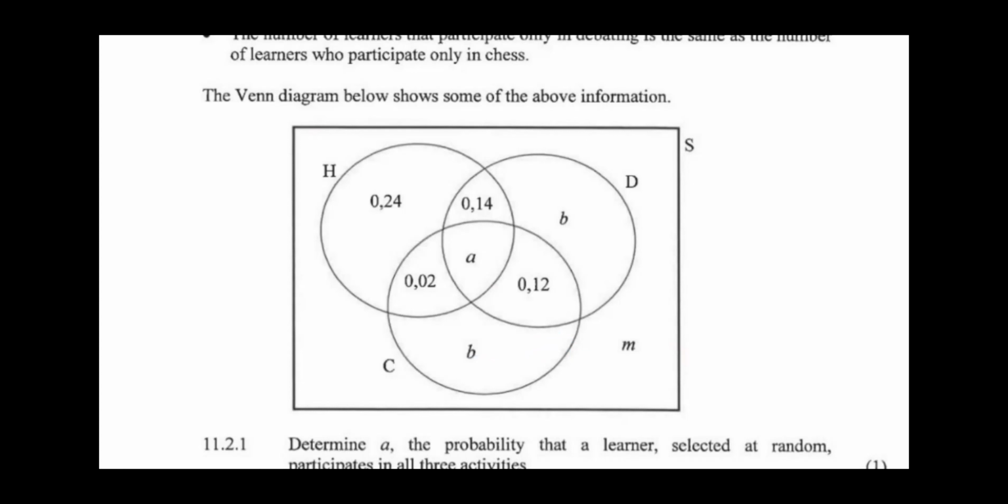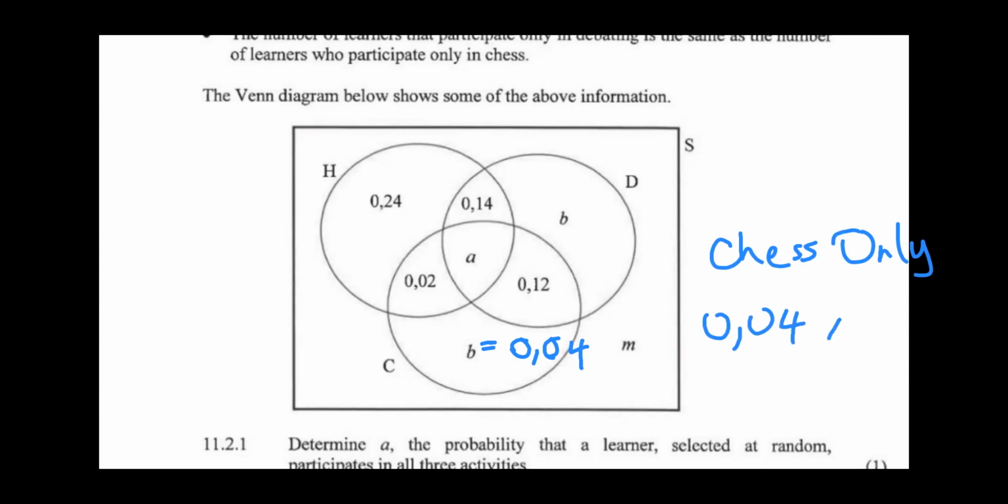But what is this in terms of number of learners? Don't you times it by 150? That's correct. So the number of learners that play chess only, what do you get? 6. Correct.